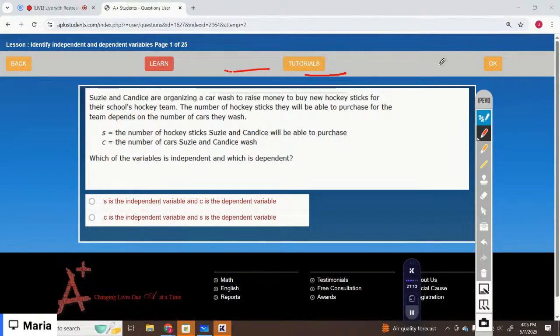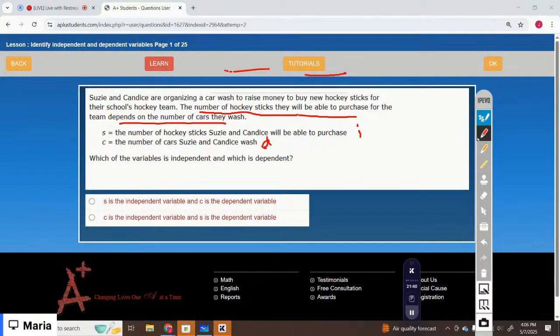Okay, just read this line again. The number of hockey sticks they will be able to purchase for the team depends on the number of cars they wash. So the number of hockey sticks depends on the number of cars, which means C is the independent variable and S is the dependent variable.